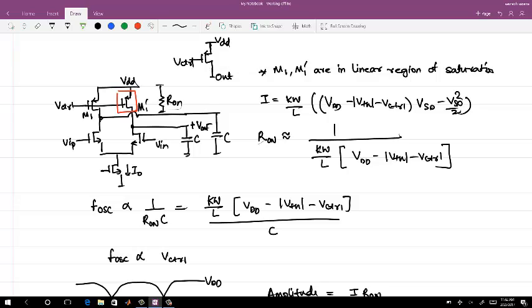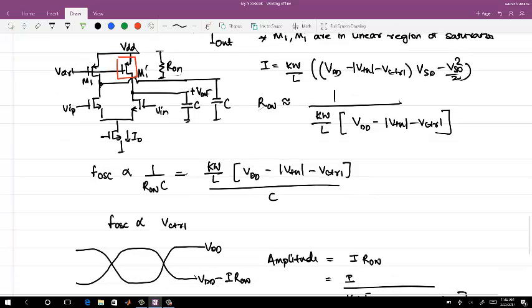I'm not saying that it goes from linear to saturation region. That's a different case that we will deal with a little bit later. But if this becomes a current source, your V control is such that it becomes a current source. In that case, what will be VOP and VON?